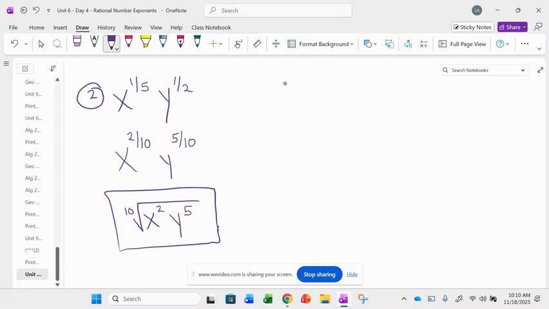You guys try this one. X to the 1/3 times y to the 1/6.